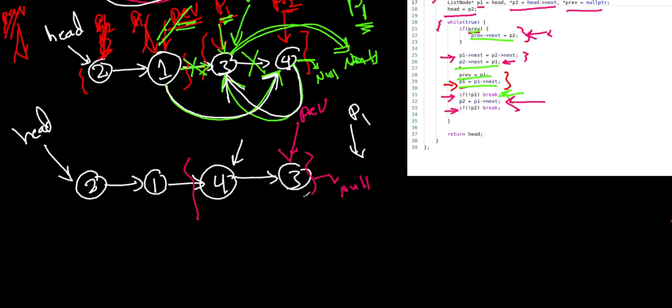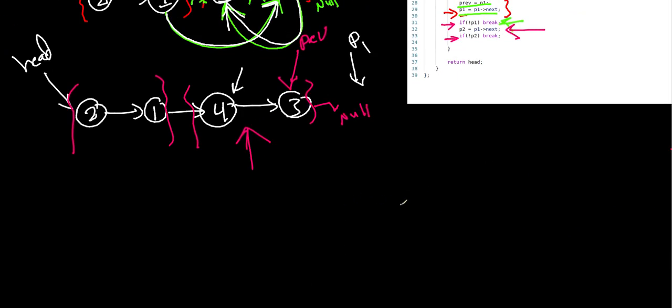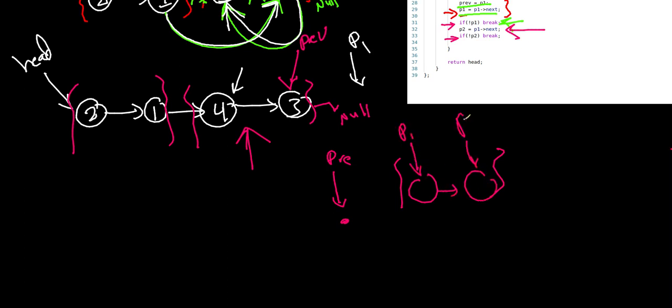We swapped these two nodes and these two nodes. So in general, for every iteration, we have previous point to this node, and this is our pair with the first node, this is the second node, this is P1, P2. We swap these two nodes and we move to the next iteration.